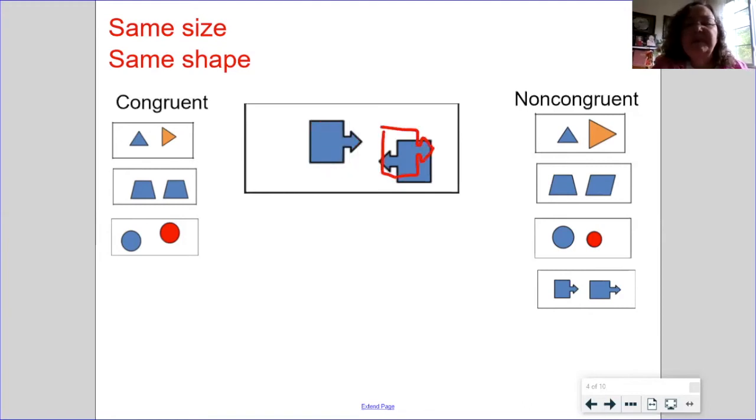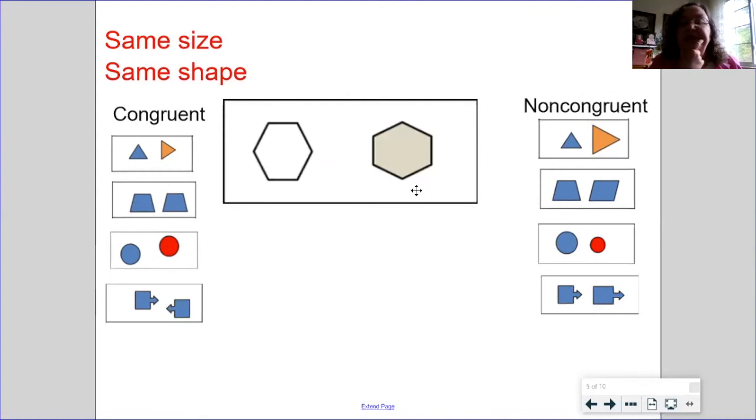Well, I know it doesn't fit that way, but what if I turn it like this? They are the same size. Ms. Yeager didn't do a great job tracing it. So they are the same size and the same shape. Even though they're pointed in two different directions, I would say that they are congruent.